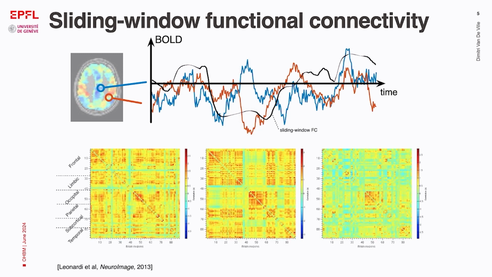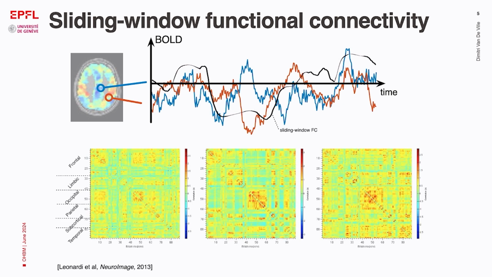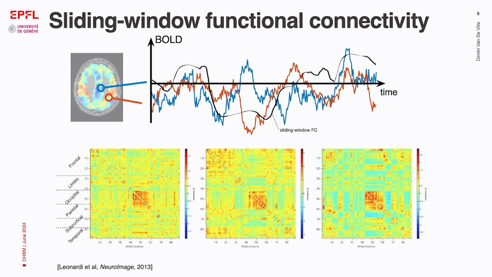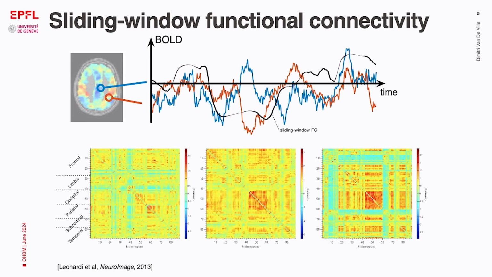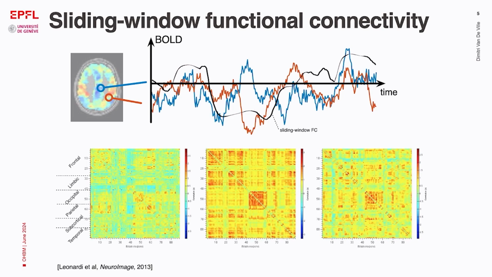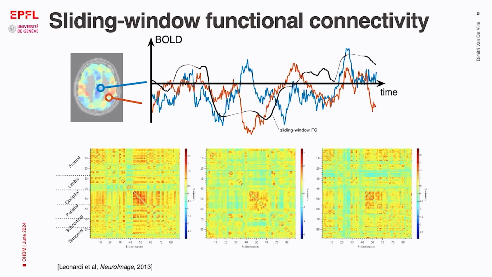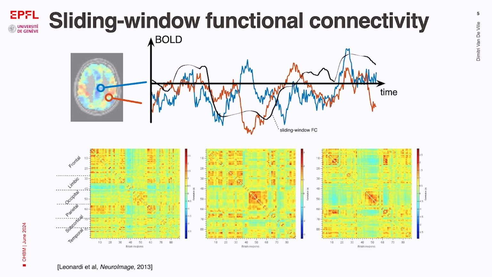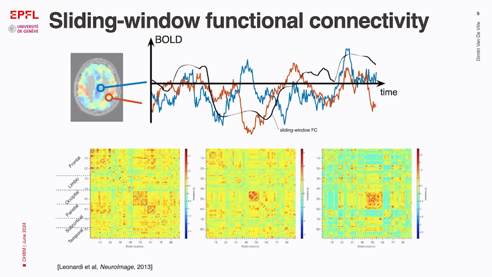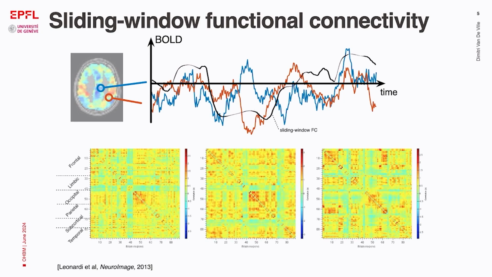So if we look at this sliding window functional connectivity as a time-dependent functional connectome, you get these beautiful movies. These are three subjects for a session of resting state. Of course, there are many ways to analyze this. But one way of analyzing it I would like to show you, in particular because it's relevant to global signal, is the following one.